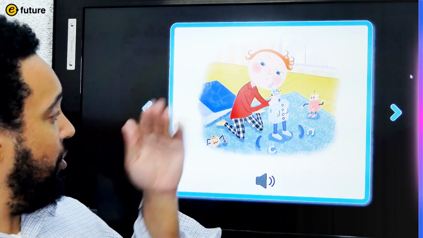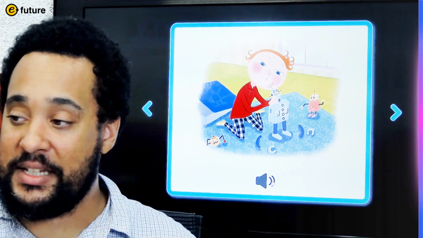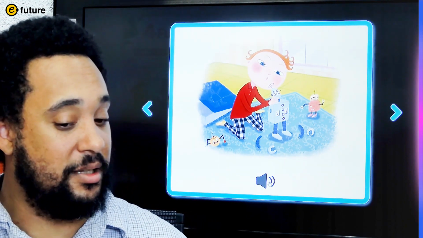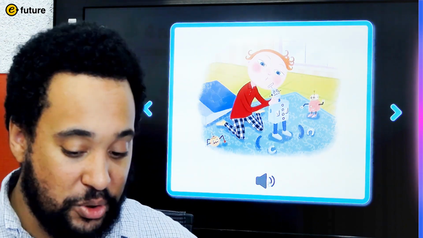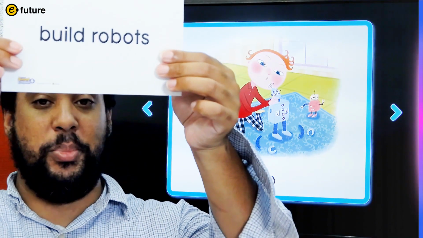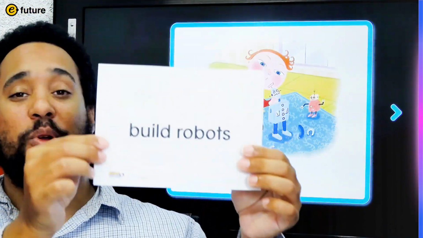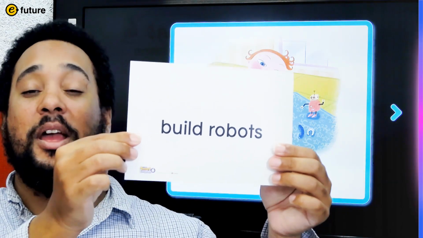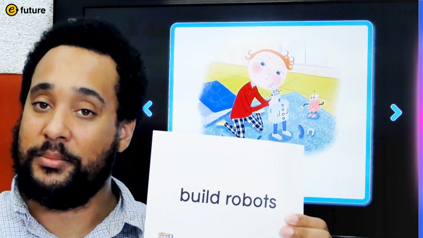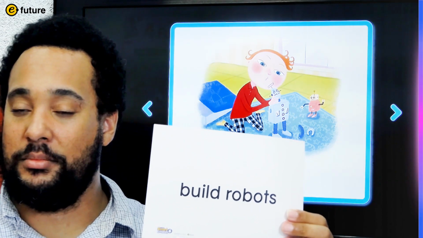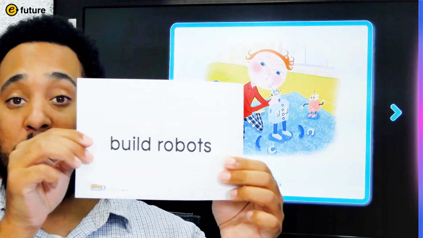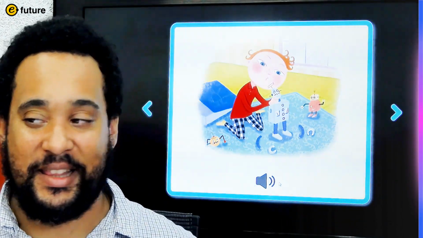Okay, so our picture here is build robots. Build robots. So look through your flashcards and hold up the correct word. So build robots. And then we will repeat it together. Everybody together, build robots. One more time. Build robots. Just like that.